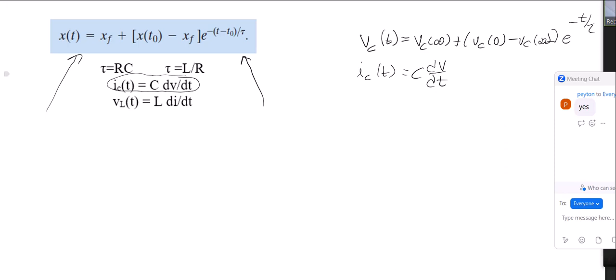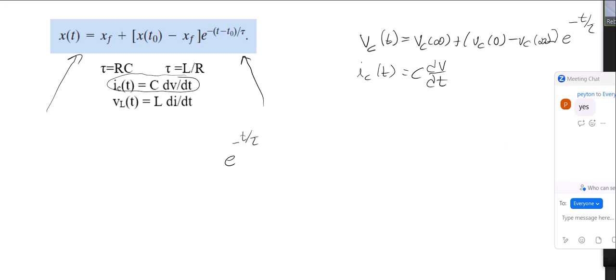And this minus T naught is just in case you're not starting at 0, but I suspect you will always be starting at 0. So you could change this to e to the minus t over tau, just knowing that that means you're starting at 0. So those are the formulas that you would use most often for an RC or an RL circuit.